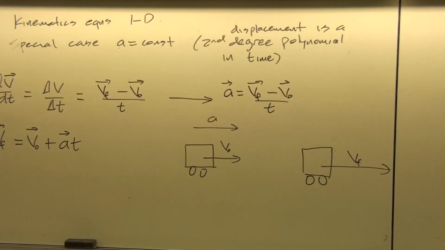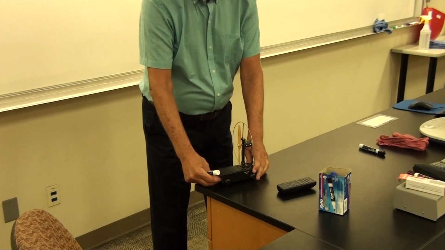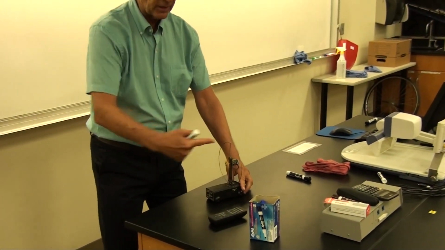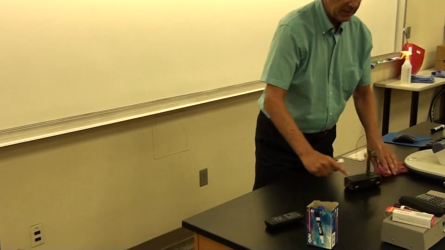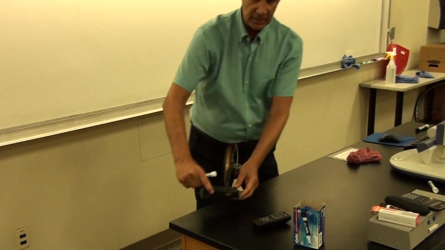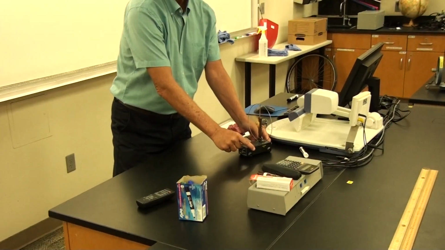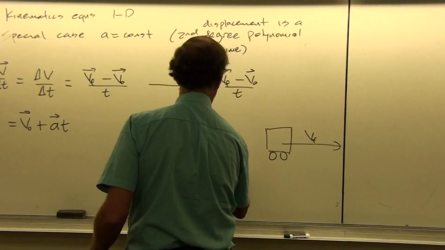So again, what I'm trying to represent here is, let's say with this air cart, we can see which way it tends to go, so I know the acceleration is going to be this way. So if it has some initial velocity, then it's going to be picking up speed. At this point it has an initial velocity, but then it's going to get going even faster to its final velocity. And associated with that then, it's going to traverse some distance, x.